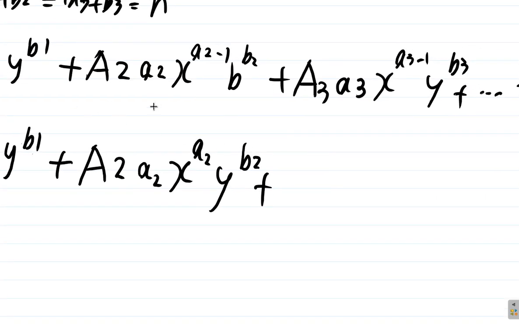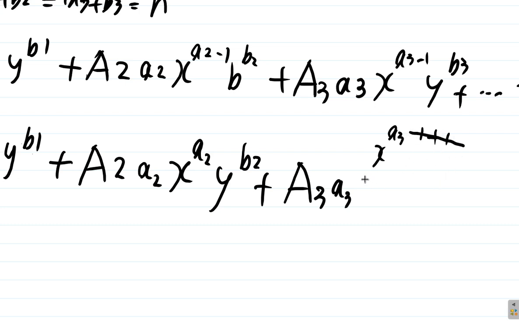When we do it here, we're going to have capital A3 common a3, x to the a3 minus 1 times x to the 1. But x to the 1, we add the powers, laws of indices, and negative 1 plus 1 is 0.